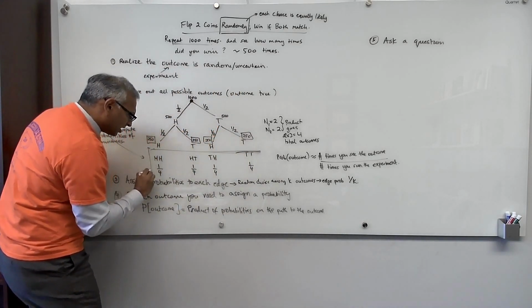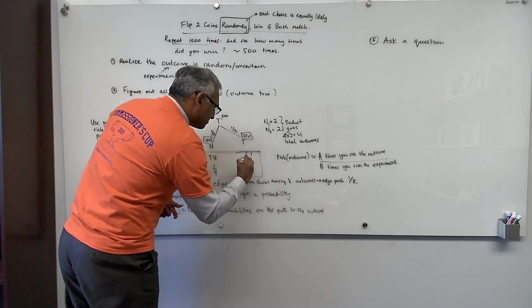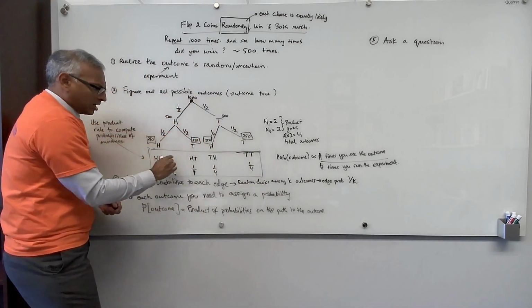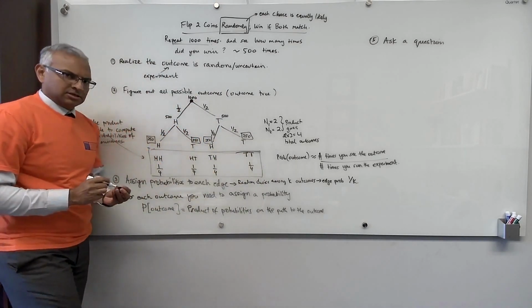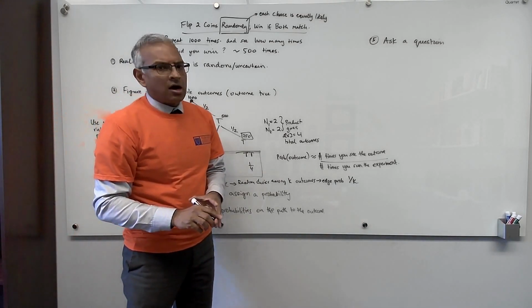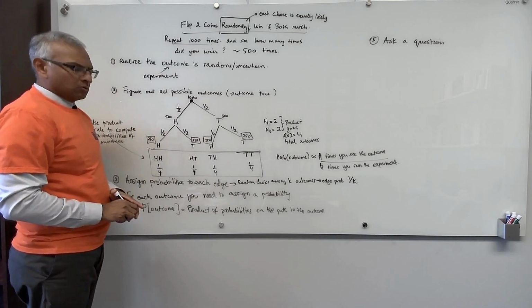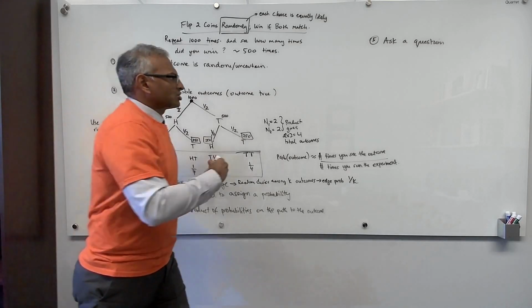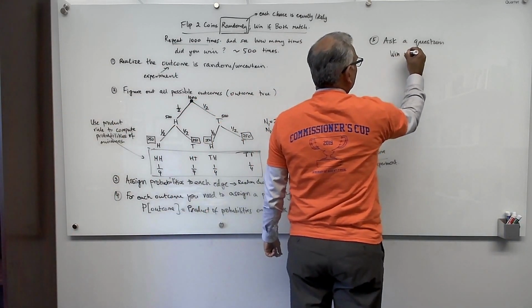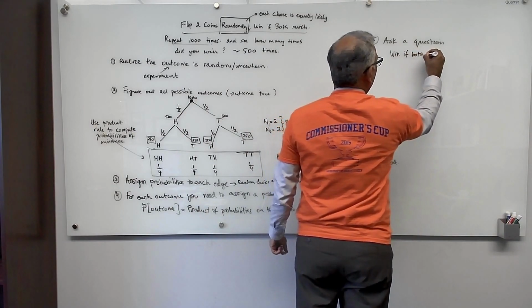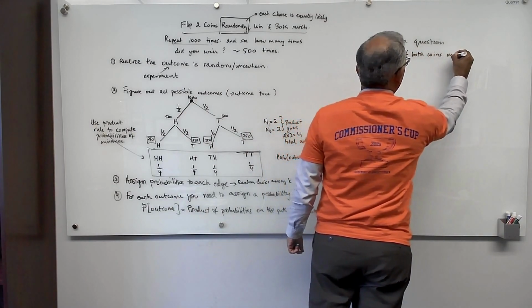But it is helpful to know how we got to our outcomes and what their probabilities are. And now we're going to ask a question. So what's the question? Well, you win if both coins match.